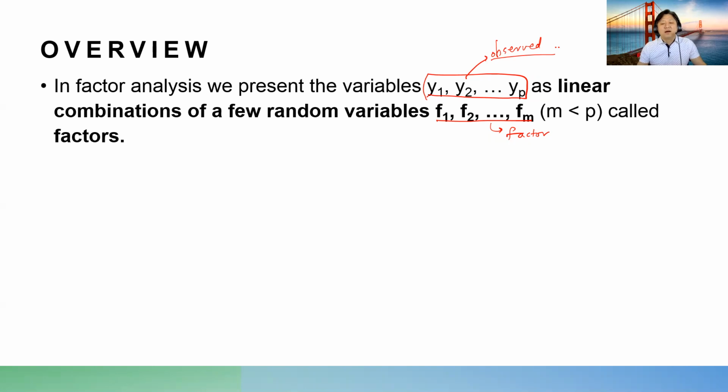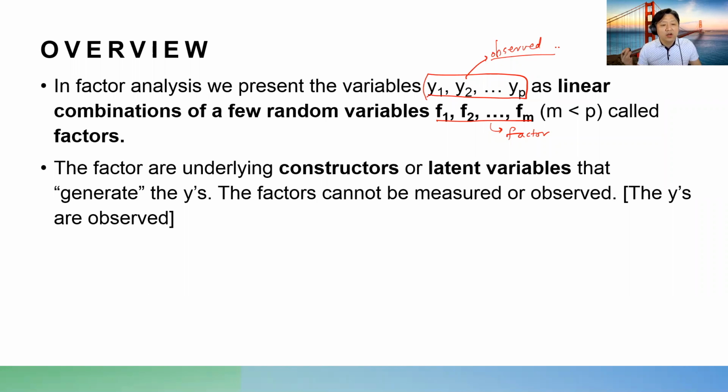Theoretically, it is possible to have the same number of factors as your number of variables. For example, if you have 10 variables, theoretically you can have 10 factors, right? If you have 20 variables, you can have 20 factors. These factors are underlying constructs, or latent variables. The factors cannot be measured or observed directly, right?